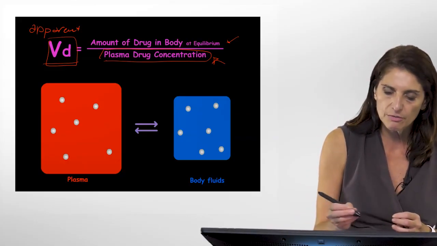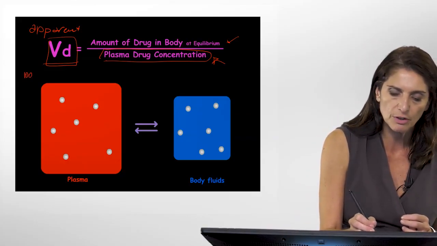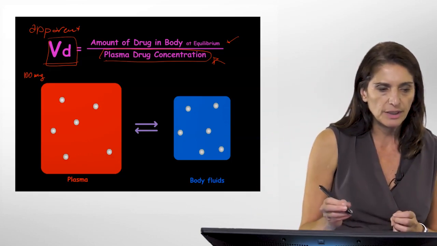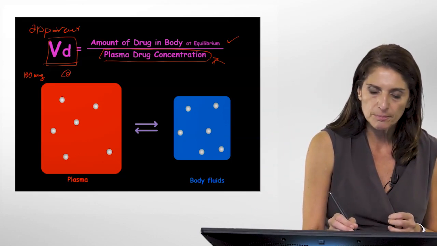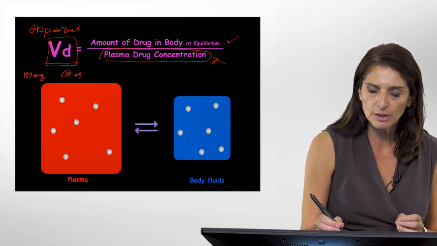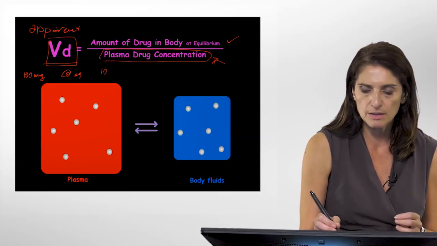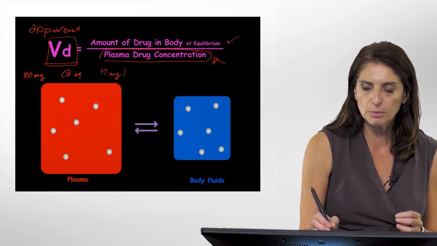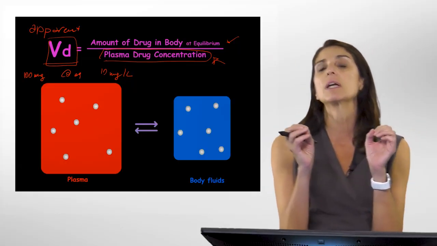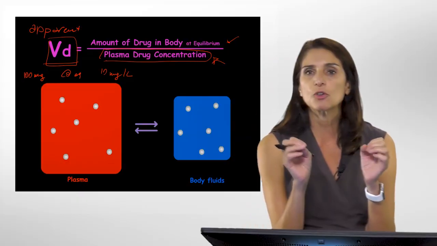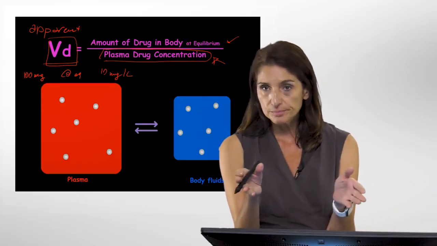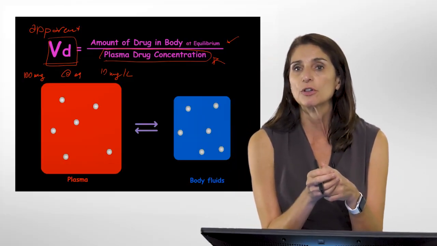So let's say we have a drug for which we give 100 milligrams, and let's say that at equilibrium, the concentration of this drug is 10 milligrams per liter. And remember, here we have a practical problem, so the only thing that we can measure after the drug has been administered is its concentration in the plasma.